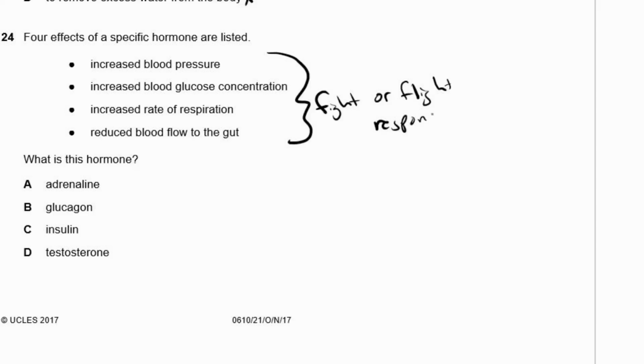And you get that with adrenaline. Glucagon makes glucose gone from the muscles, that's how I remember it, or the liver. Insulin helps lower your blood sugars and stores the glucose. Testosterone is the male hormone. So A, adrenaline, is the answer to this question.